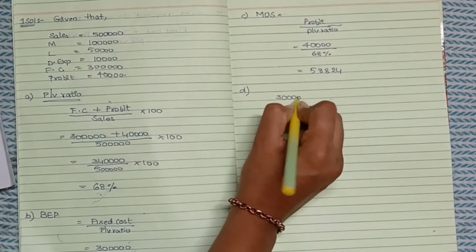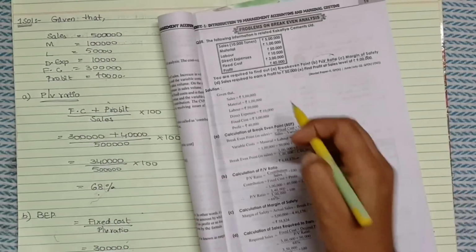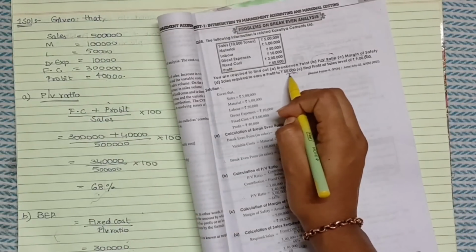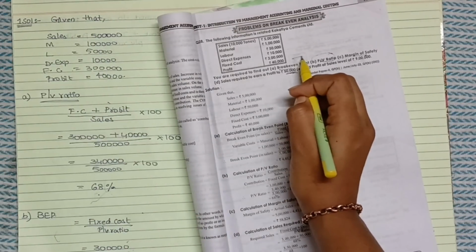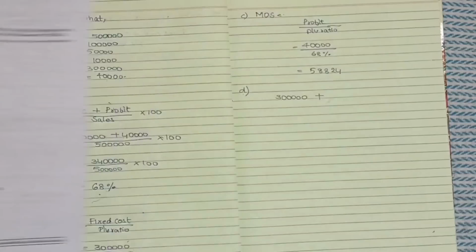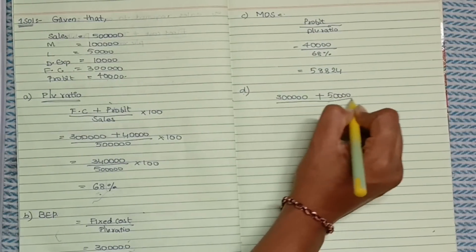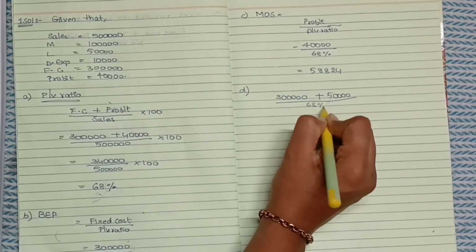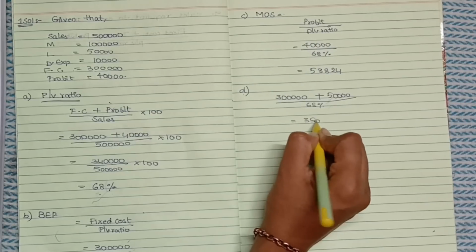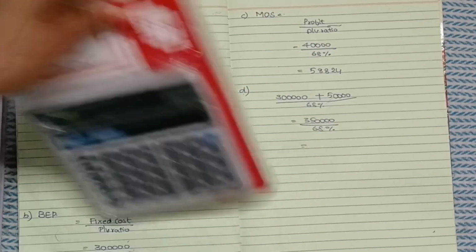3 lakhs, plus desired profit. In the question what have they given as the desired profit? 50,000. This is not the profit; desired profit is this much, 50,000. So 3 lakh plus 50,000 divided by PV ratio. How much did we get? 68%. So 3 lakh 50,000 divided by 68%.